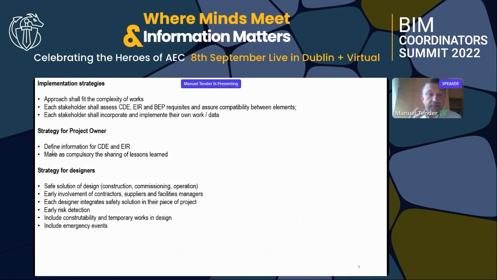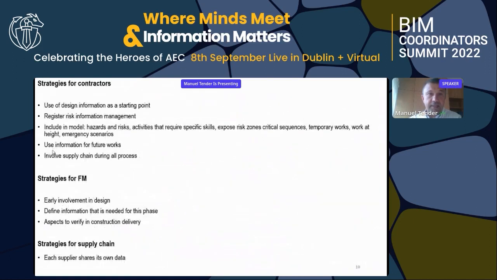It also says that each designer integrates safety solutions in their piece of the project, that we have to have early risk detection, include constructability and temporary works in design, and include emergency events.